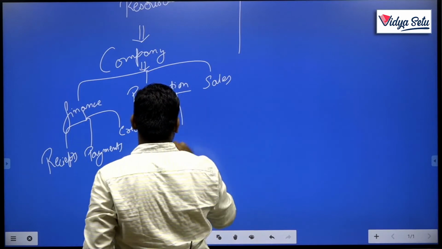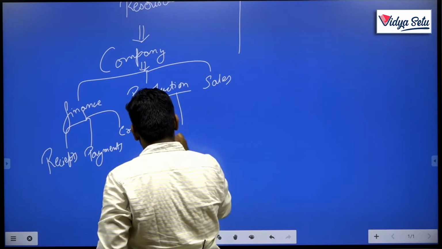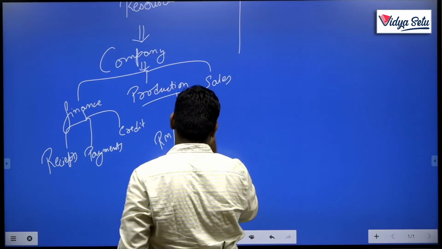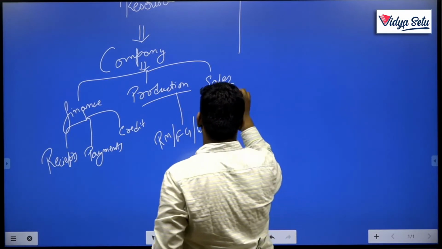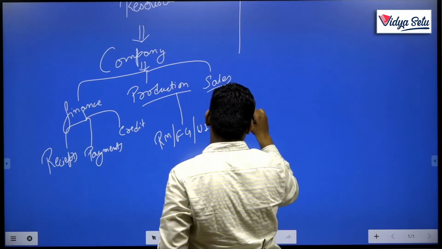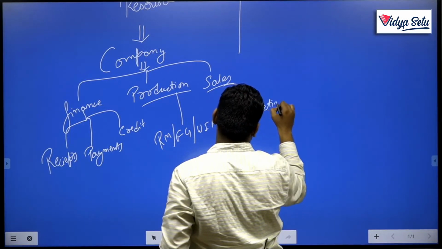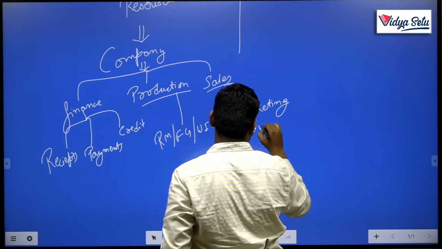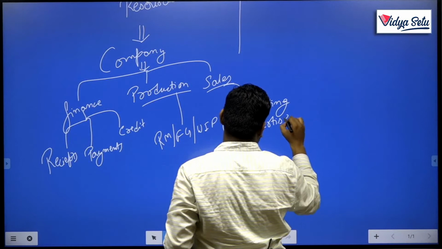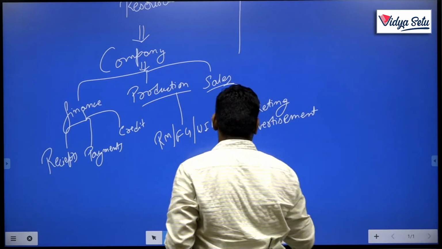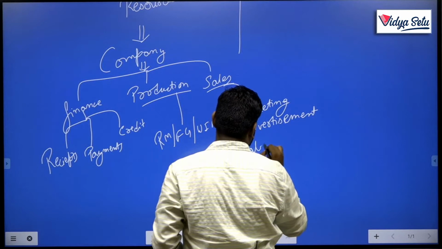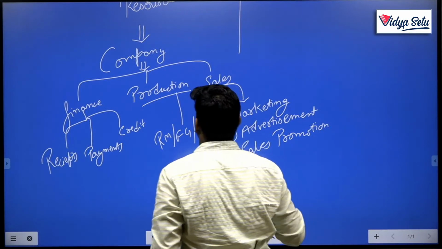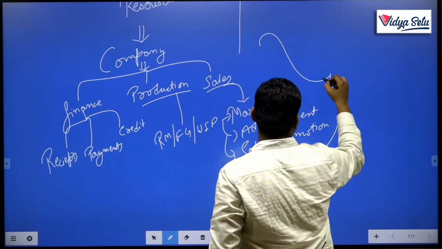In the production section we discussed what kind of production you are using, raw material, finished goods or work in progress, WIP. In the sales department we deal with marketing strategies, advertisement strategies, sales promotion activities, etc. This all completely deals with organizational structure.